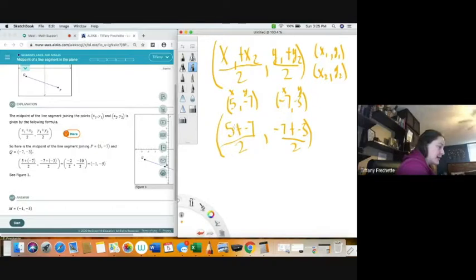Alright, so these two, we have 5 plus -7. They are opposites, so we subtract, and the bigger number decides our sign. So 7 is bigger than 5, so our answer is -2 instead of just 2. And we have divided by 2, comma, -7 plus -3. So they're both negatives.